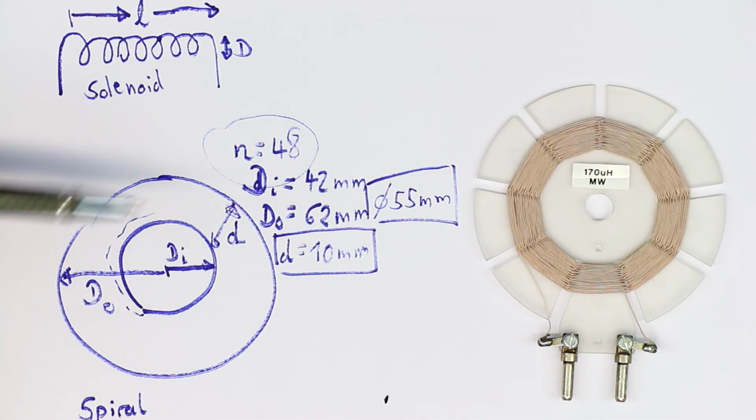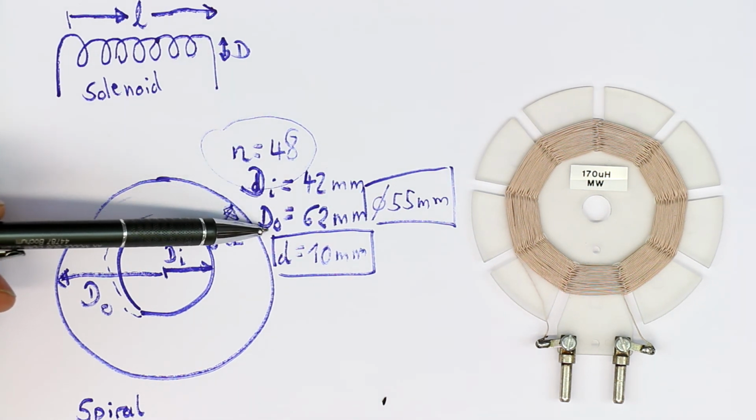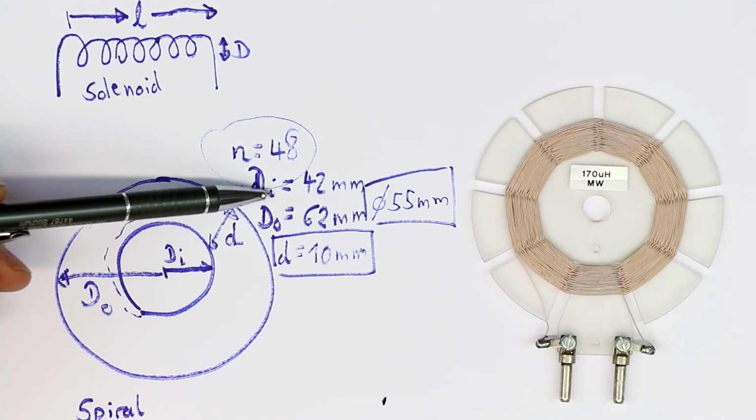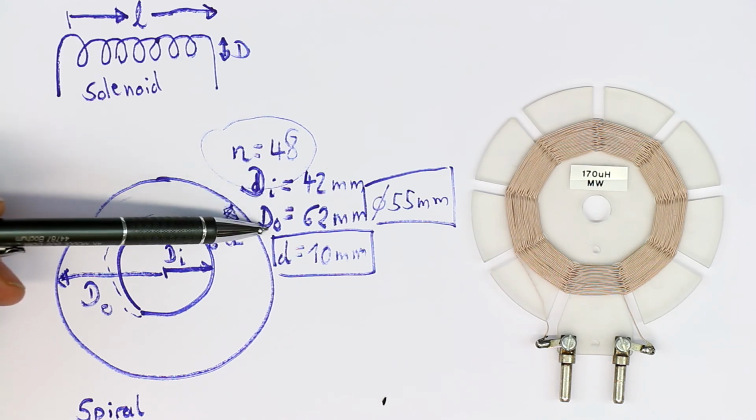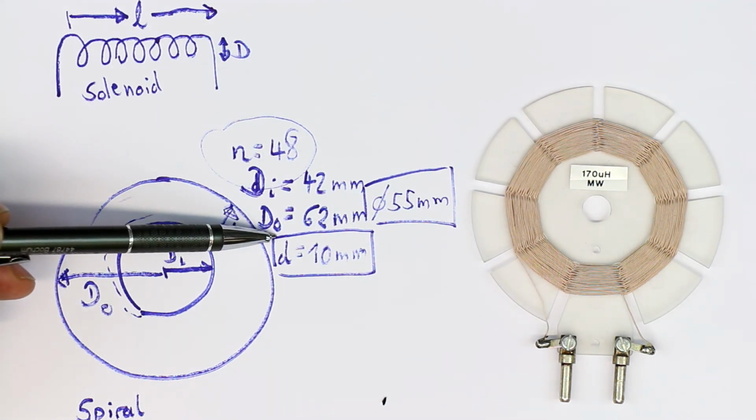So as the diameter of the winding, we take a value near to the outer diameter. Now there's one problem. When you don't know beforehand how many turns you are doing, you don't know where your outer diameter is, so it's also a little bit of experimenting.